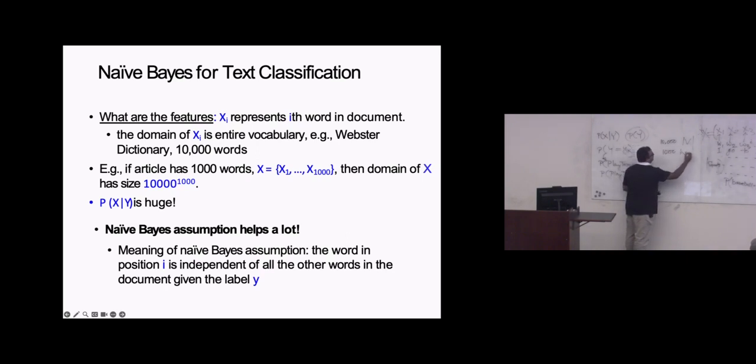Your vocabulary size V is 10,000, not 30,000. If we represent X by position, how many probabilities do we need to compute, even after we apply the naive Bayes assumption?